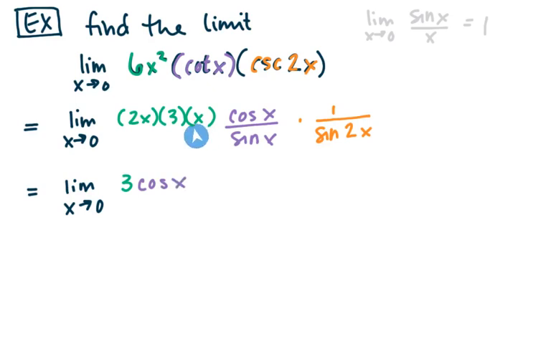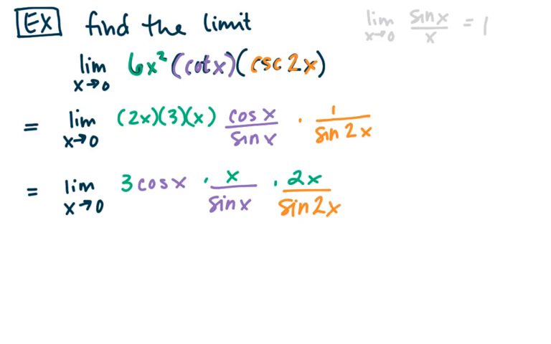Now, this x I want to put over sine x, so I have times x over sine x. And this 2x, I'm going to put over my sine 2x. So I have times 2x over the sine of 2x.